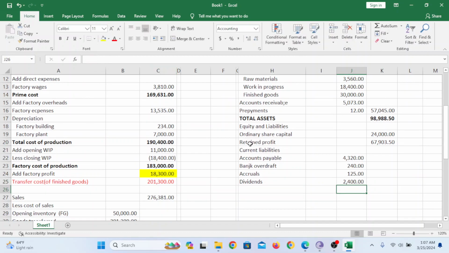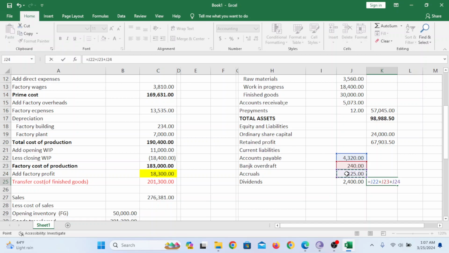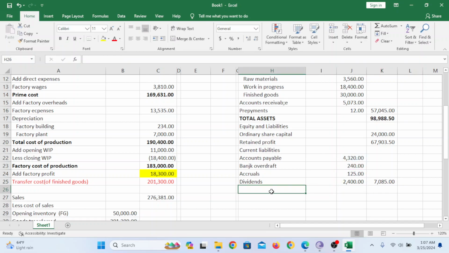So we add the 4 items. So I'm getting 70 for 85. So we have the total equity and liabilities.